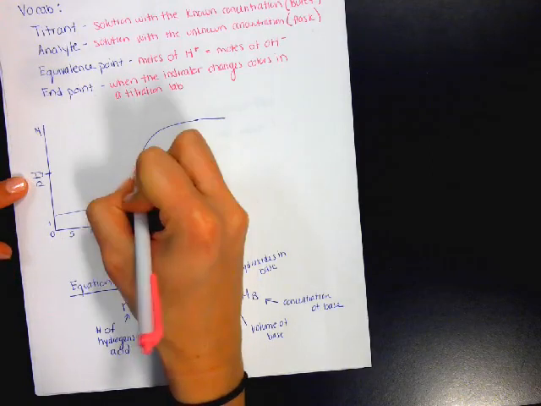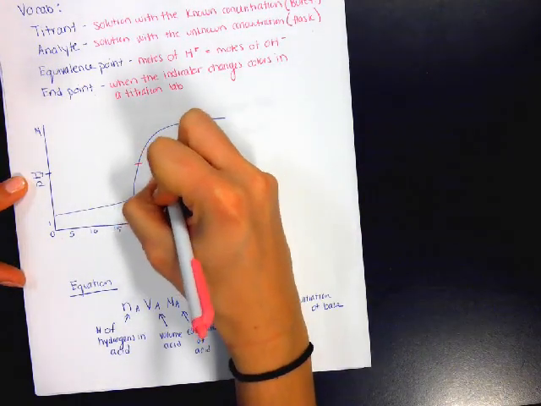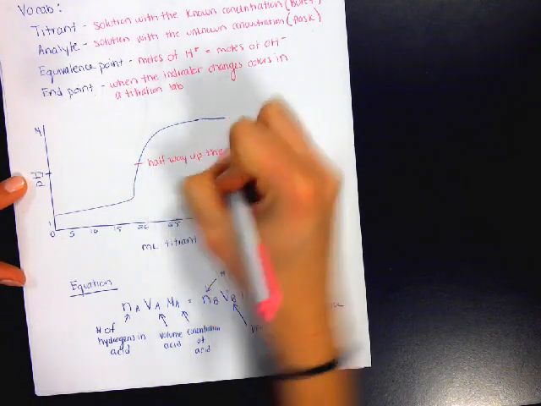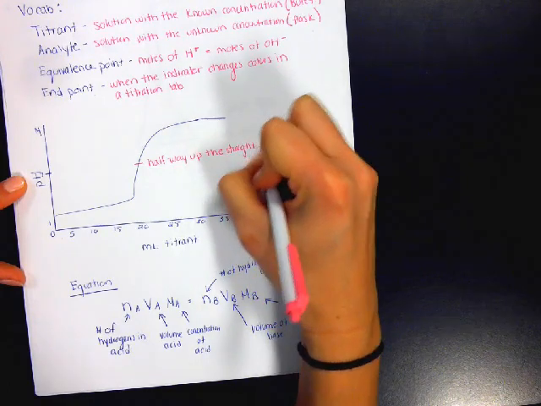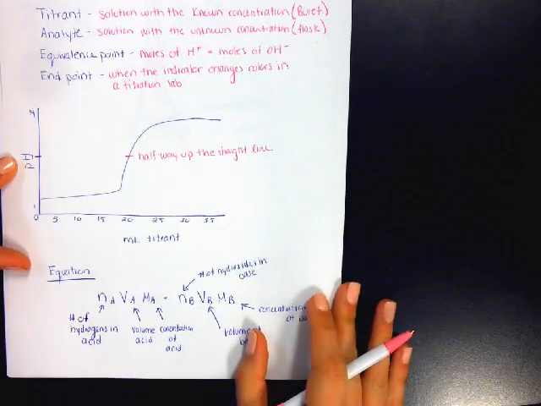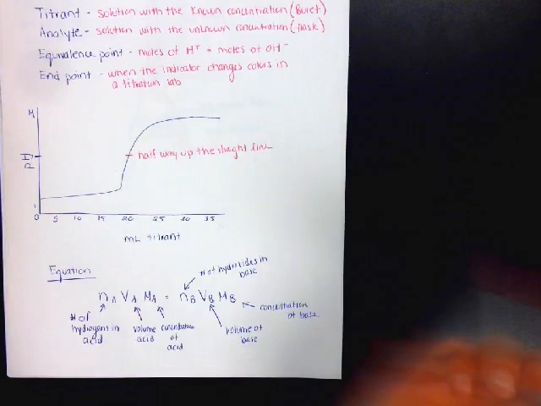So our equivalence point on our titration curve is halfway up the straight line. Sometimes it'll be right at 7, right at neutral, but sometimes it won't be.